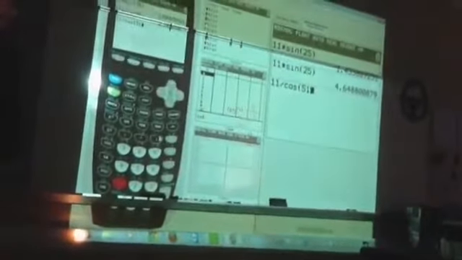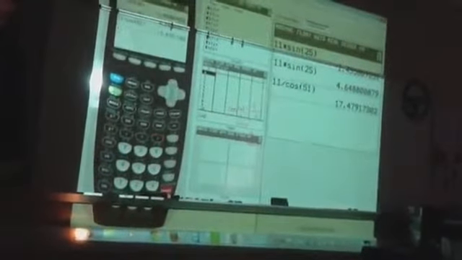So how do you put that in the calculator? 11 divided by cosine of 51. Close parentheses. And 17.5.